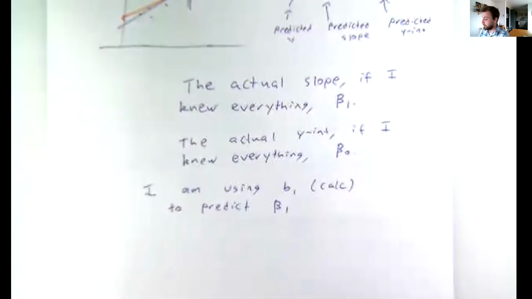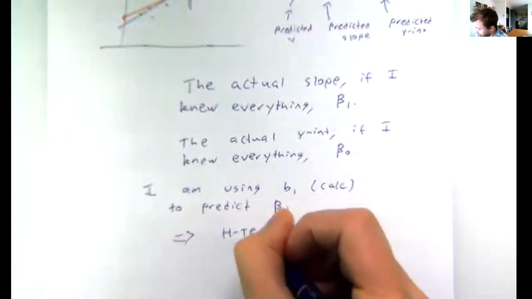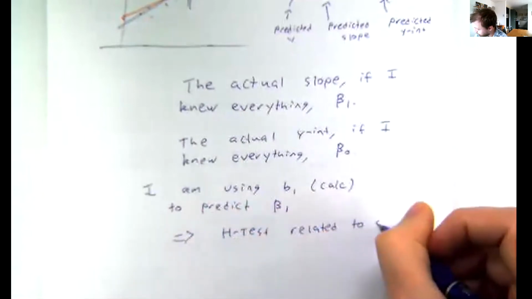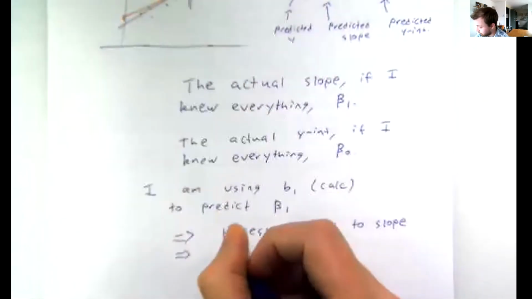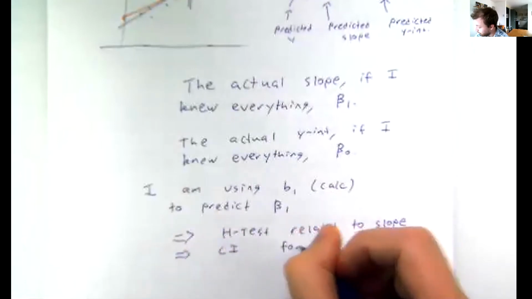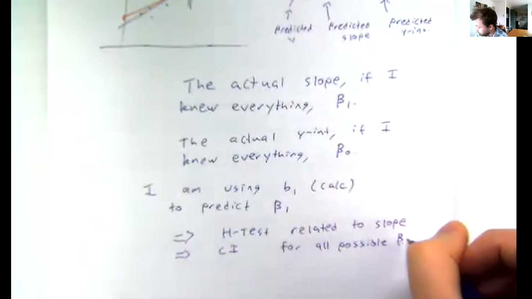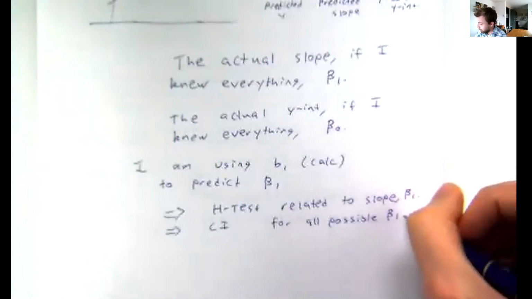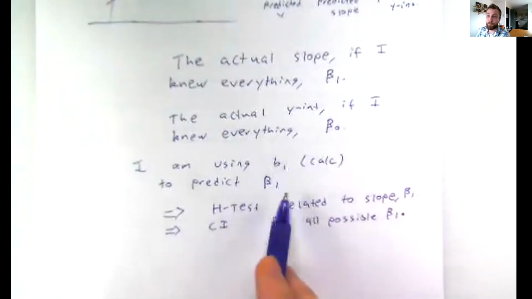And if I'm making predictions, then I can easily have a hypothesis test related to the slope, and I could create a confidence interval for all possible values of our slope. In other words, I can use this sample information b1 to predict what should happen with my population value beta 1.